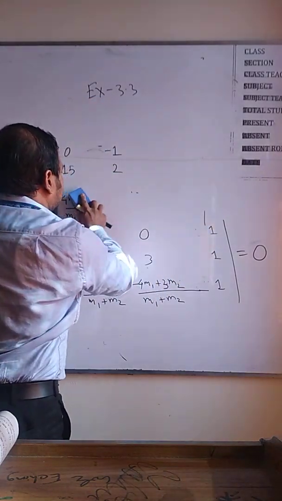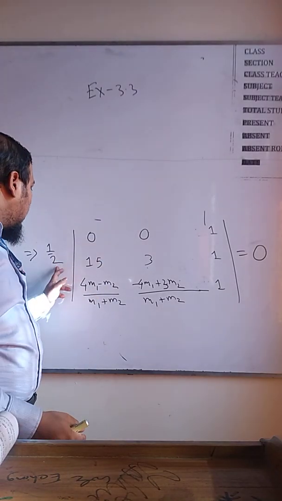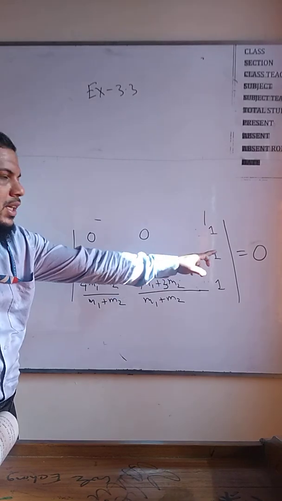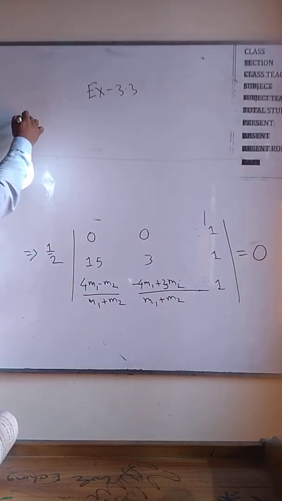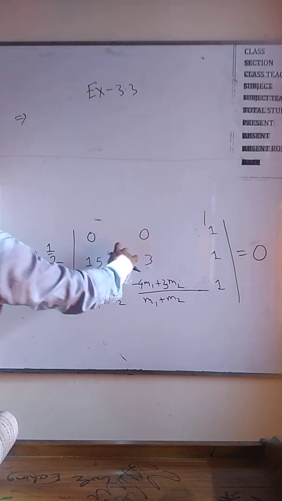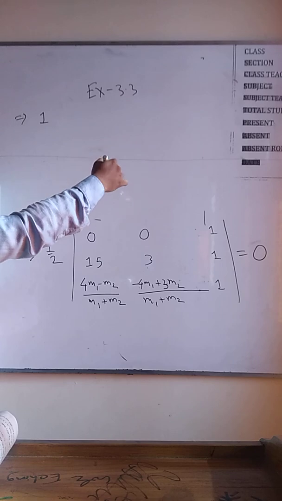Now the next line, we are expanding it. If we change the side of half, it will be vanished. That's why I am not writing it again. I am expanding according to the first row, it is 1.